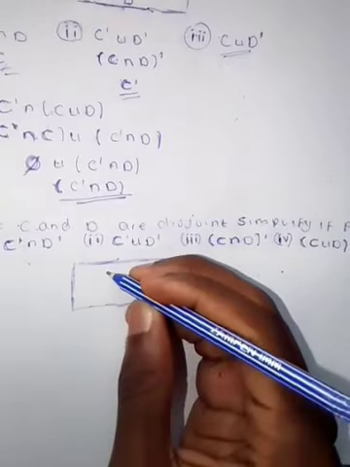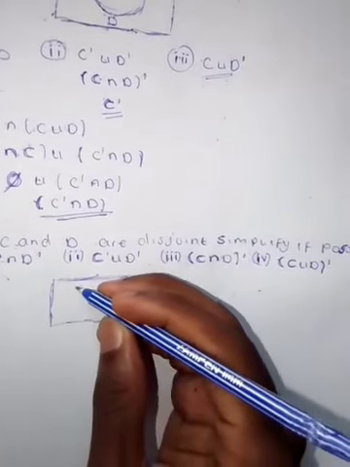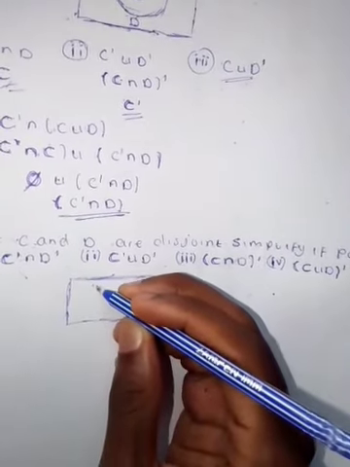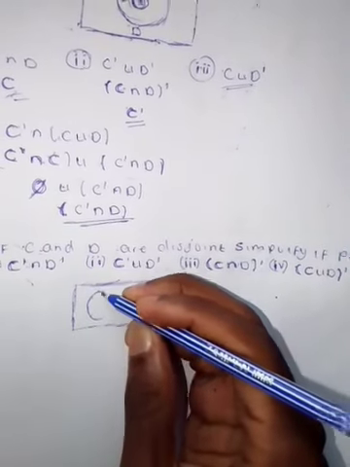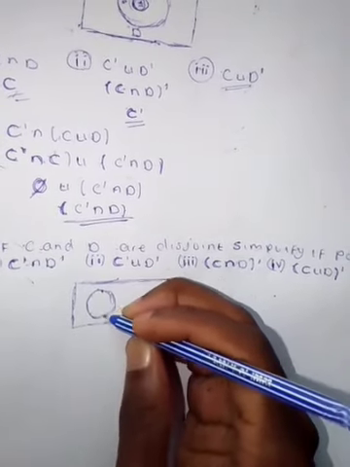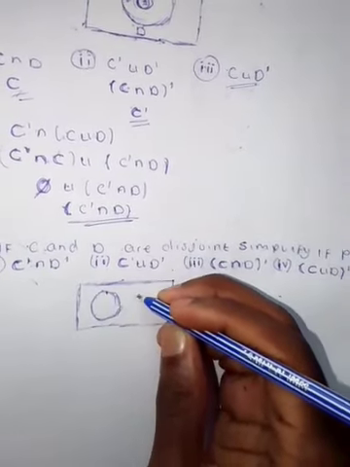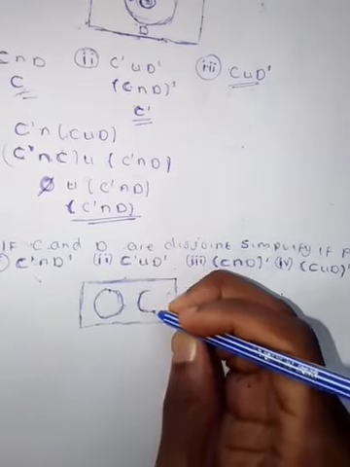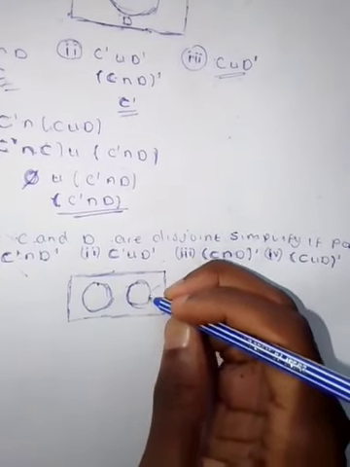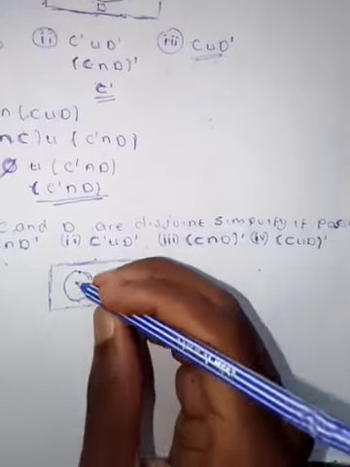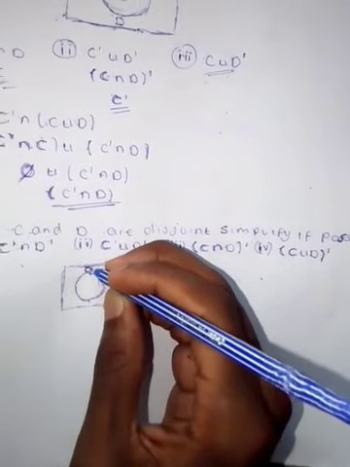Let's say we have two sets. When they say that sets are disjoint, it means they are not attached anywhere. They are separate. Let's say this is set C and this is set D.